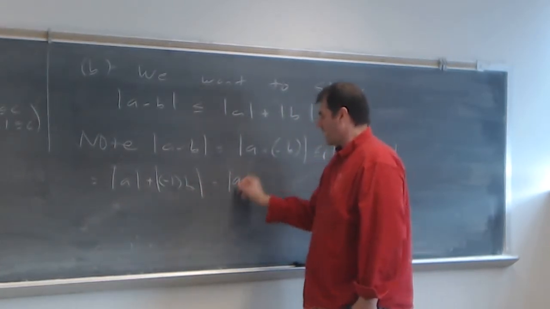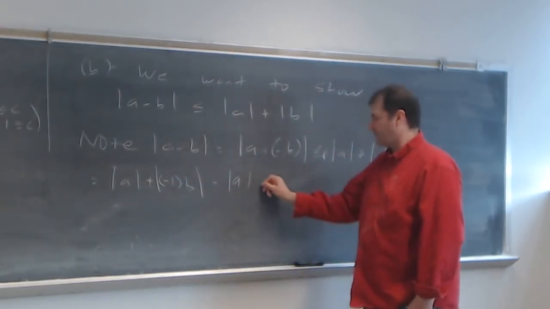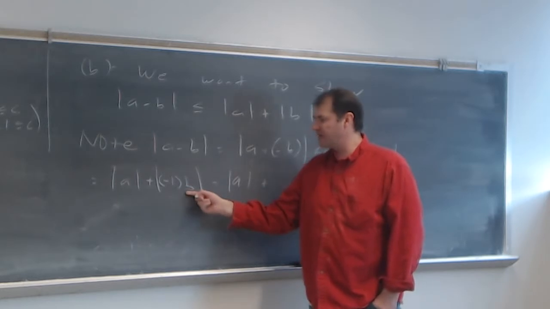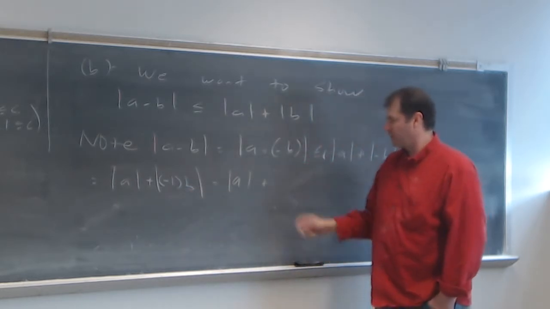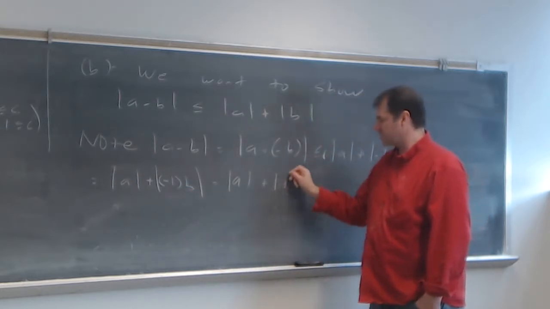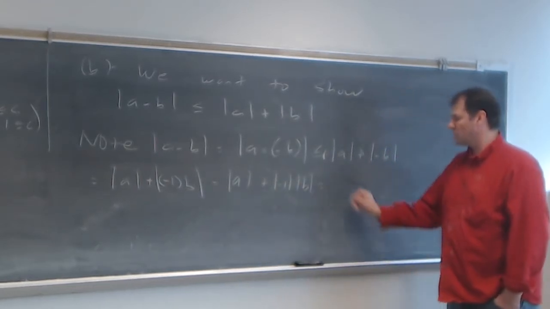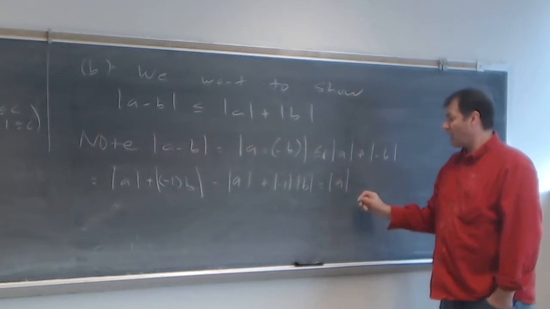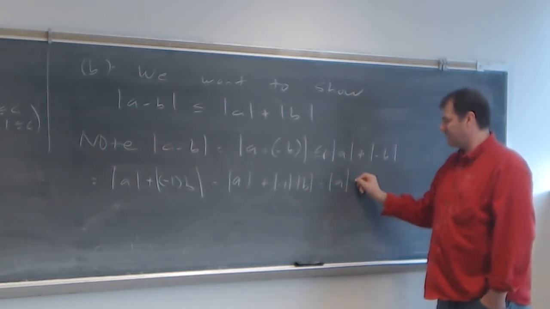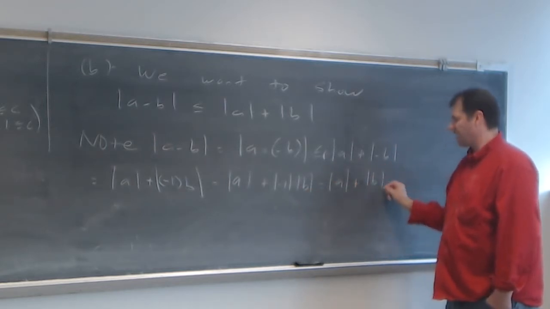Then a theorem we had earlier, part A, says that the absolute value of a multiplication is equal to the absolute value of the first guy times the absolute value of the second guy. What's the absolute value of minus 1? 1. That's right. And so 1 times the absolute value of B is the absolute value of B.